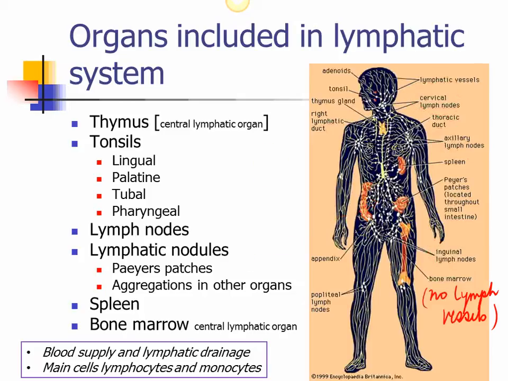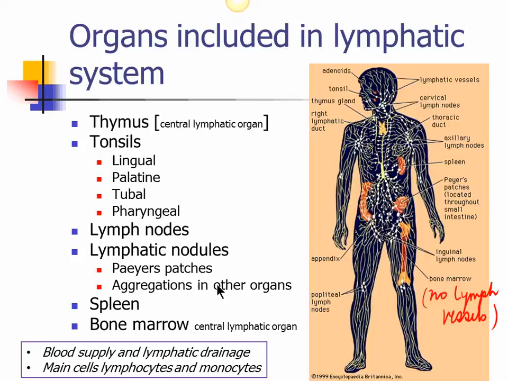So they're in the wall of another organ. When they are in the wall of the small intestine, we call them Peyer's patches, a special name. But otherwise, you might see lymphatic follicles wherever there is exposure, for example the respiratory tract, other parts of the gastrointestinal tract, and the urinary tract.